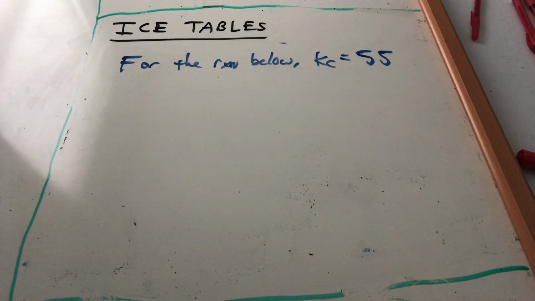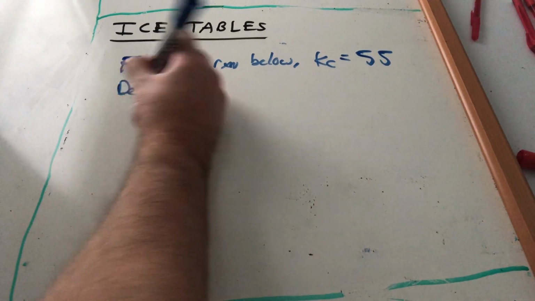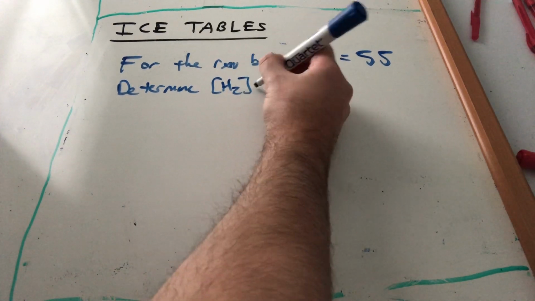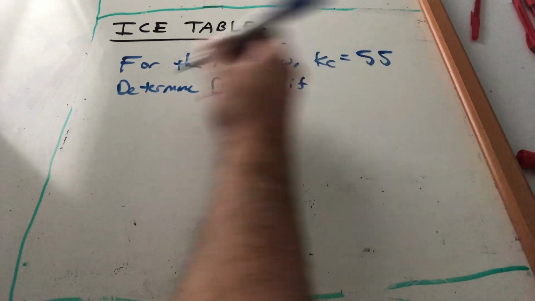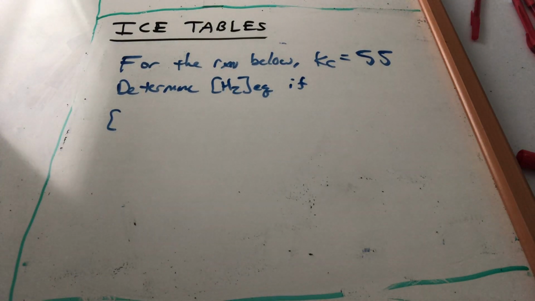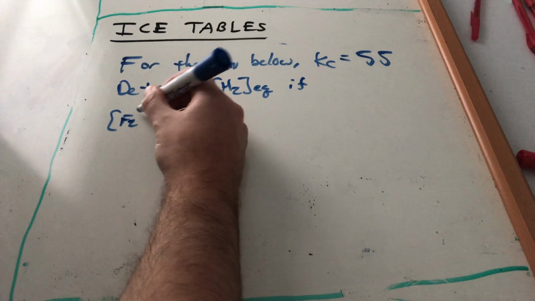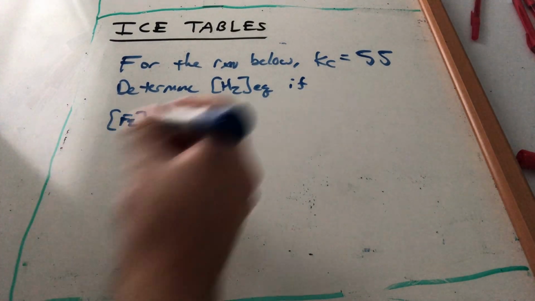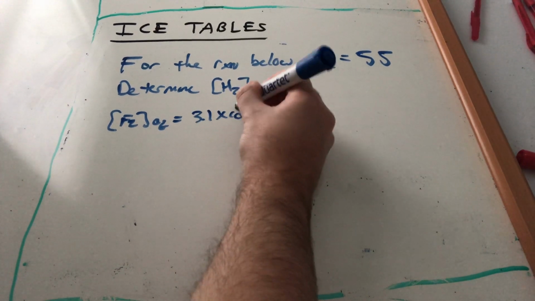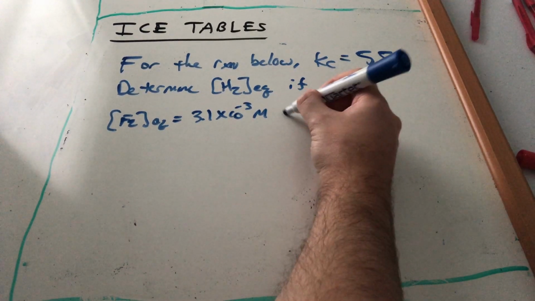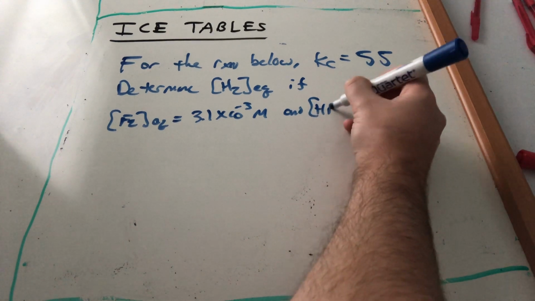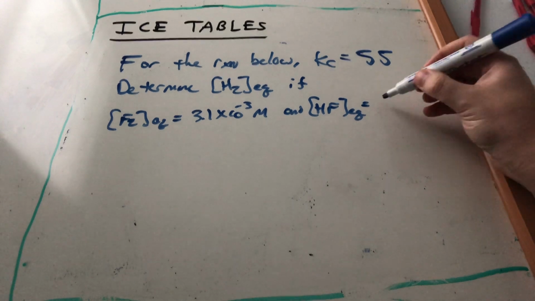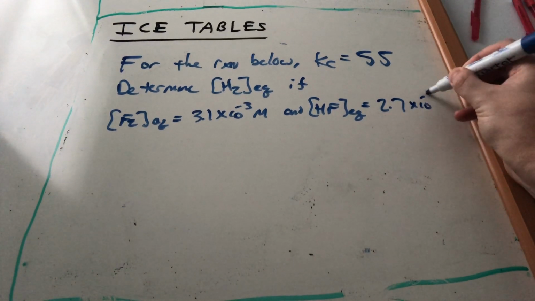What they want to know is to determine the concentration of H2 at equilibrium if the concentration of F2 at equilibrium is 3.1 times 10 to the minus 3 molar, and the concentration of HF at equilibrium is 2.7 times 10 to the minus 3 molar.